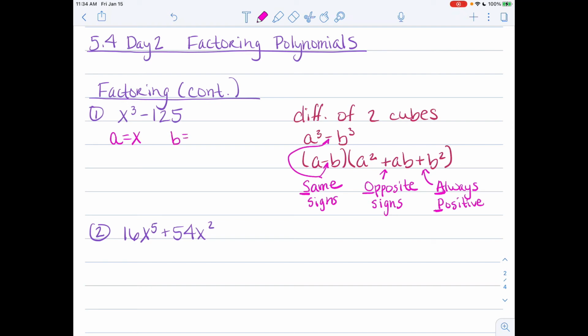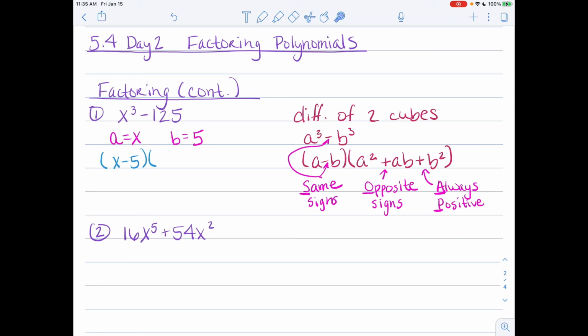B is going to be the cube root of 125. What can I multiply by itself 3 times to get 125? And the answer is 5. So B is 5. Now we're simply going to plug into the equation. So everywhere that I see A, I'm going to put an X, and everywhere I see B, I'm going to put a 5. So I start out with A minus B. So that will be X minus 5.